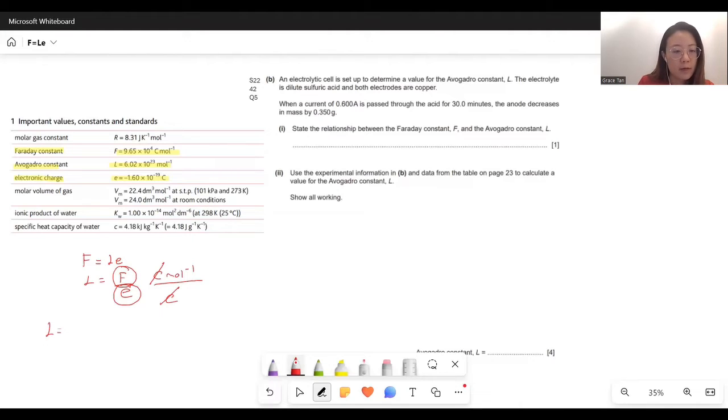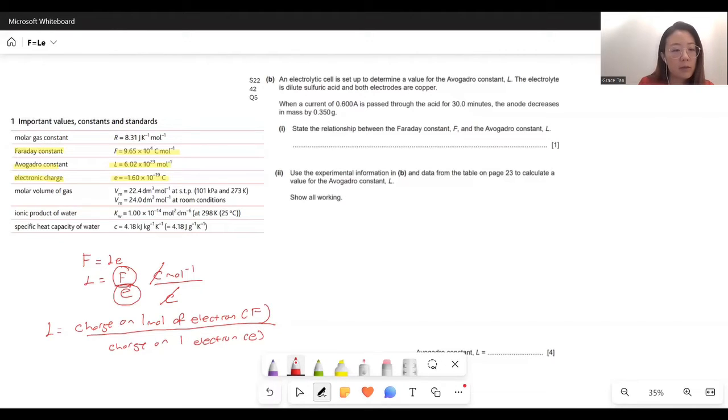L equals to F over E, which means the lengthy version: the charge on 1 mole of electrons, which is your Faraday constant, divided by the charge on 1 electron, which is E. So this is the full length definition of the Avogadro constant. This is one way to define L.